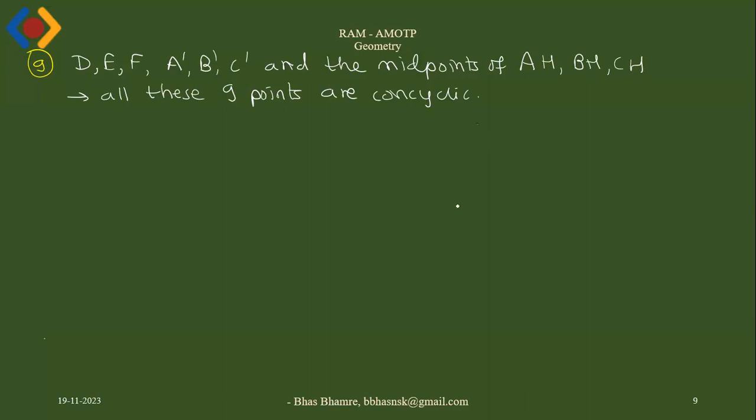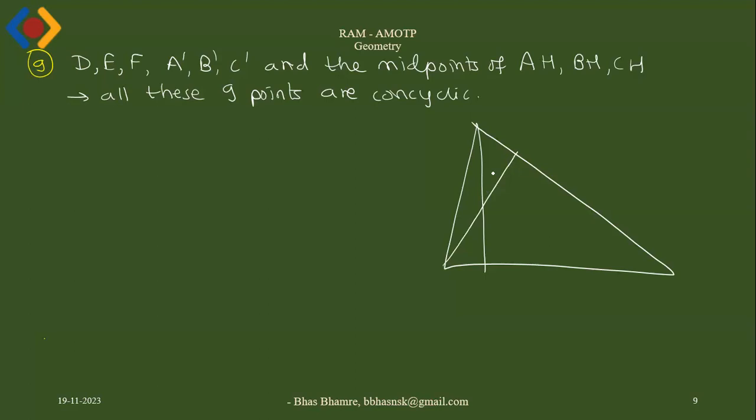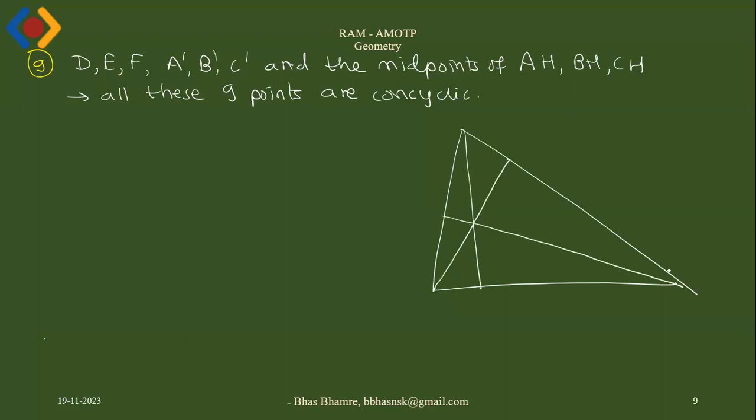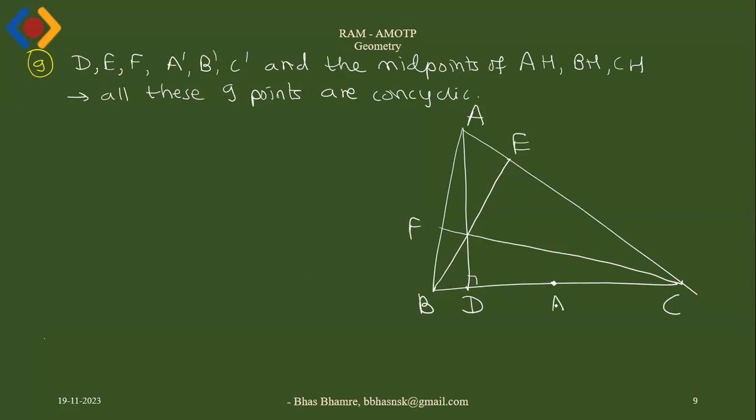What does it mean? If I have a triangle, here A, B, C, these are D, E, F, these are A prime, B prime, C prime, the midpoint of AH, midpoint of BH, and the midpoint of CH.